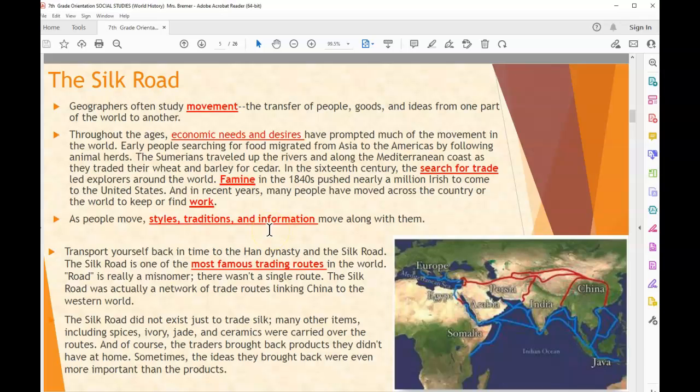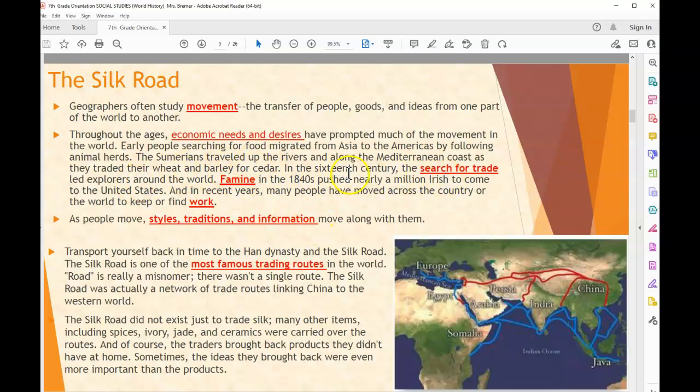Many routes. And people have, throughout the ages, moved for economic needs, meaning for work, to make money, or just to survive and live. Like the early people searching for food migrated from Asia to the Americas, and then the Sumerians would travel the rivers to trade and get other materials.